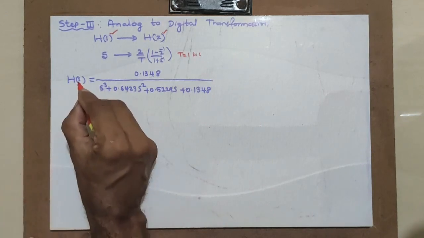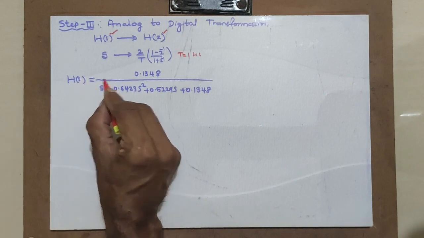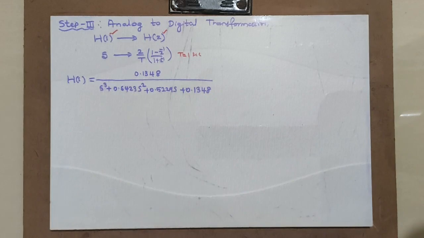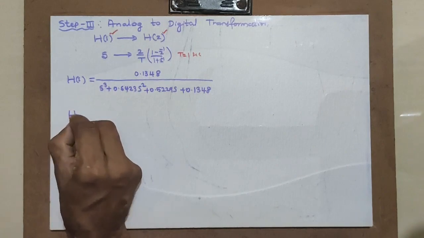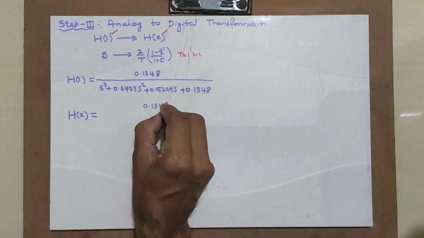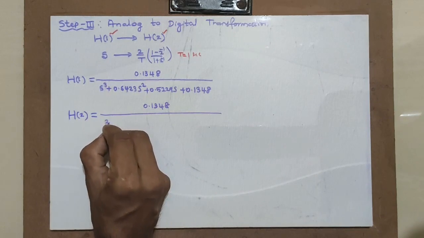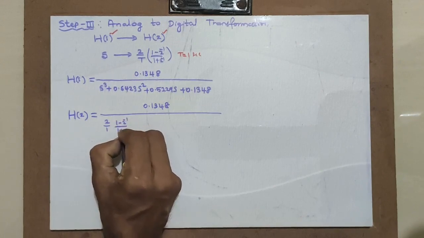Now H of s, at the end of step 2, you have got H of s equal to 0.1348 divided by s cube plus 0.6423 s square plus 0.5229 s plus 0.1348, this equation, isn't it? Now in this equation, you substitute for s, 2 by T times (1 minus z raised to minus 1) divided by (1 plus z raised to minus 1).